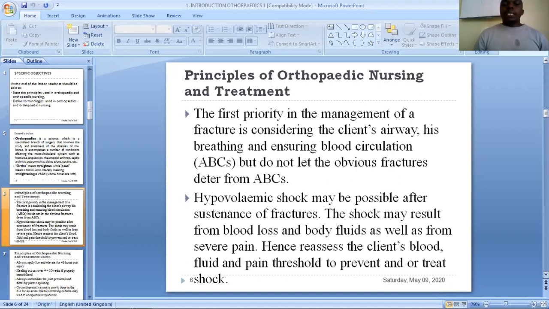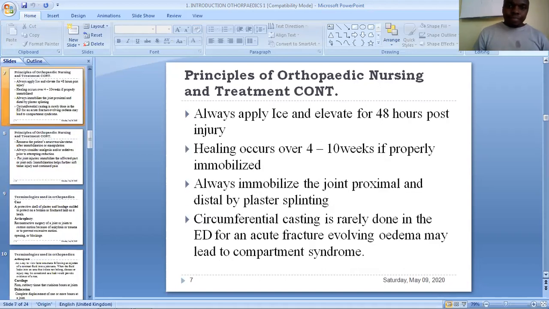The shock may result from blood loss and body fluids as well as from severe pain. Hence, reassess the client's blood, fluid, and pain threshold to prevent or treat shock. What this principle is simply saying is that if you notice any kind of shock, then attend to the shock quickly, because that may actually kill the patient.